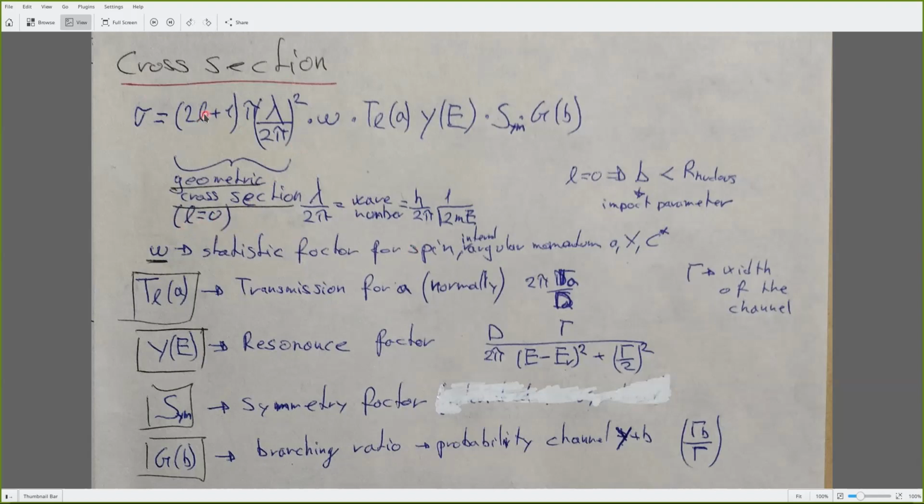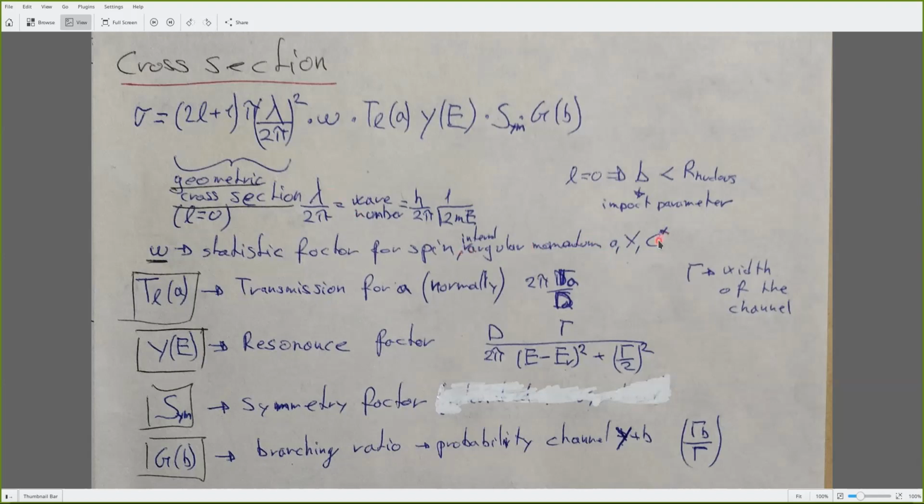You see that L has to be 0. So okay, I mentioned it, but you can forget it because it's 0, so it's just 1. The other value is this omega. This is just a statistical factor for the spin and internal angular momentum, depending on the kind.